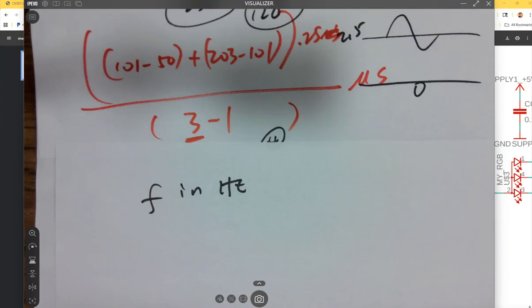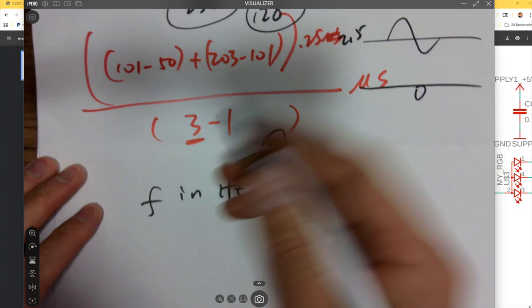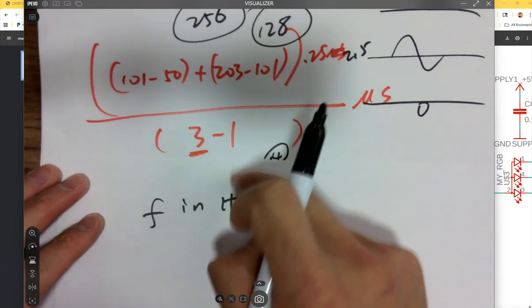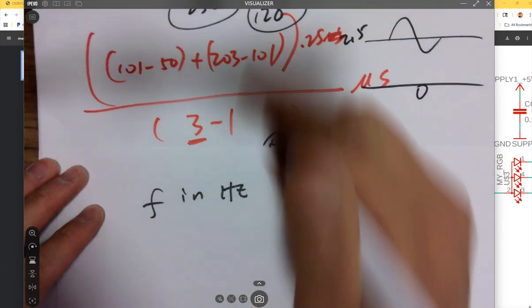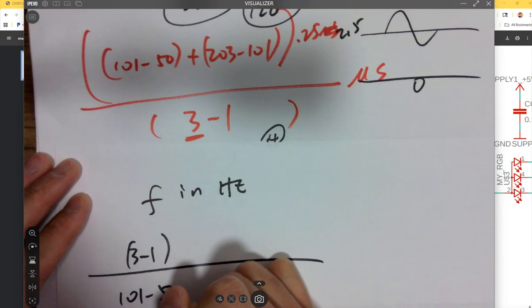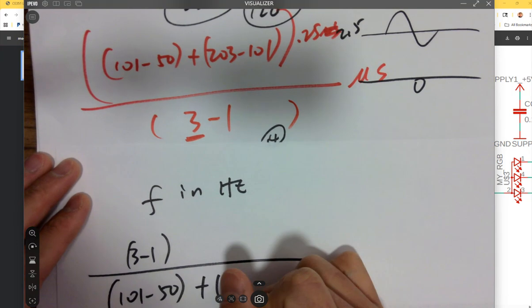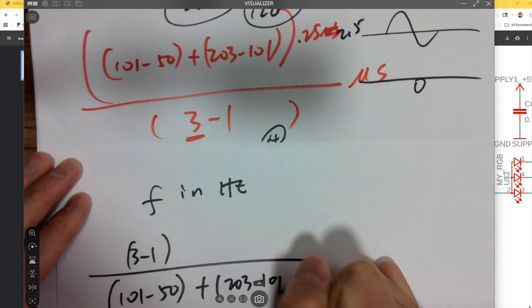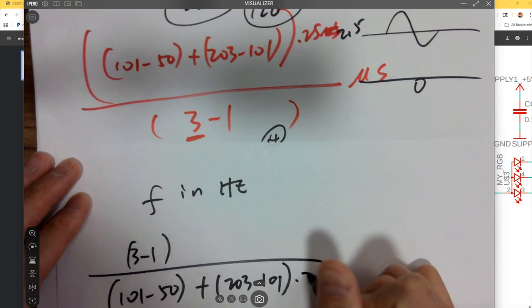Times million. So flip it, right? So let's flip it so you can see this result over here right now. If you flip it, you're getting 3 minus 1 over 101 minus 50 times 25.